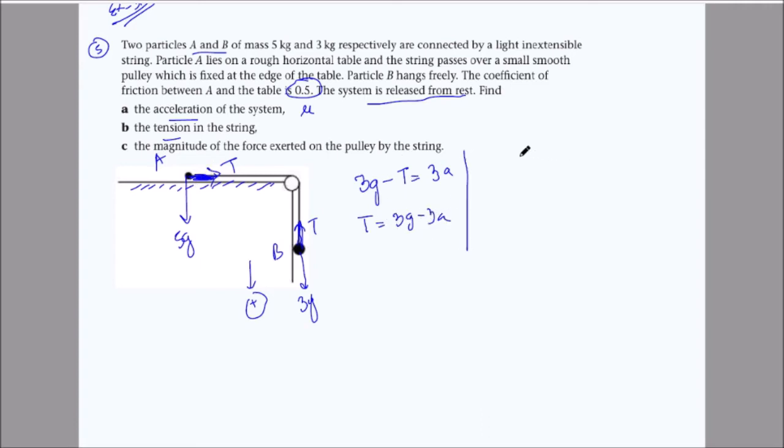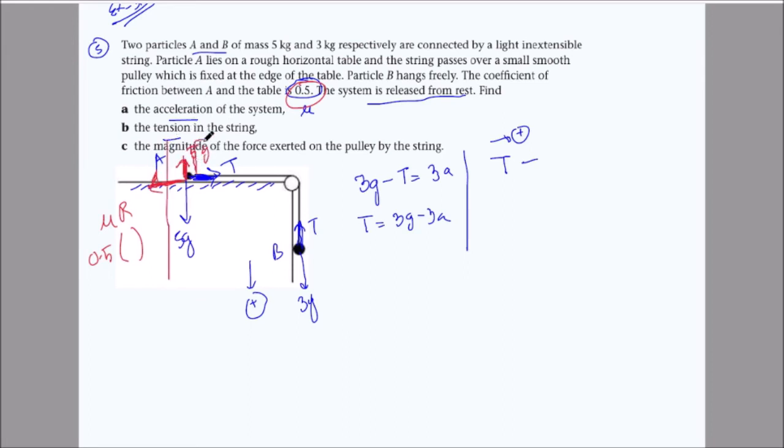And for A, it's tension minus frictional force. Frictional force is mu R, and mu is given. R is the normal reaction, as I said, we have a resistive force here.